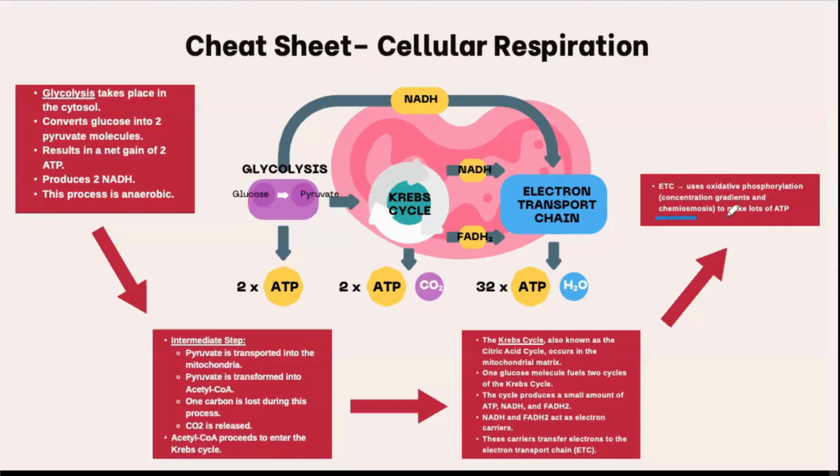It uses a process called chemiosmosis. A brief overview is that the chemiosmosis step is there to produce a lot of ATP. In fact, it produces about 32 ATPs every time you go through cellular respiration. And when this occurs, you're producing all that energy and also releasing some water in the process.